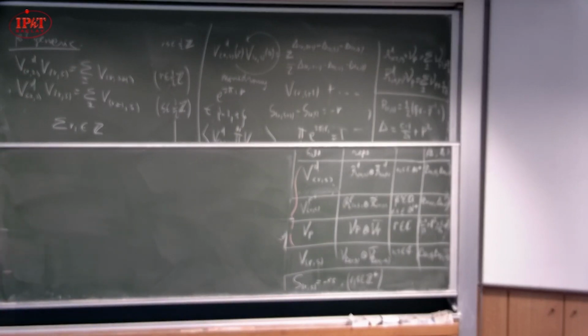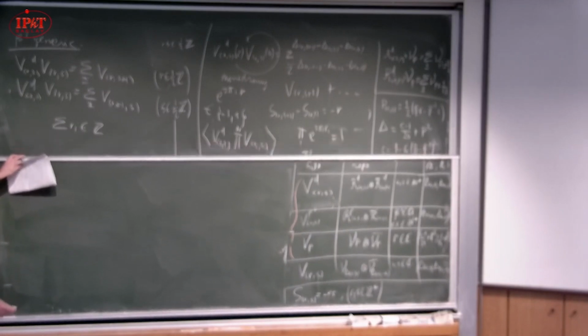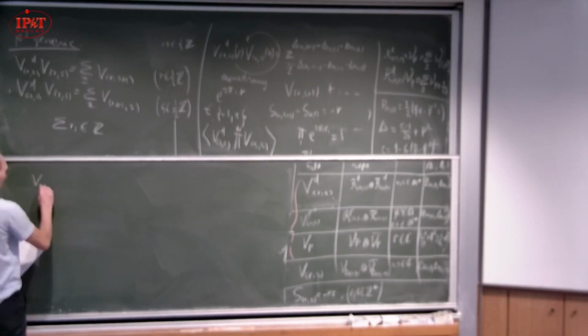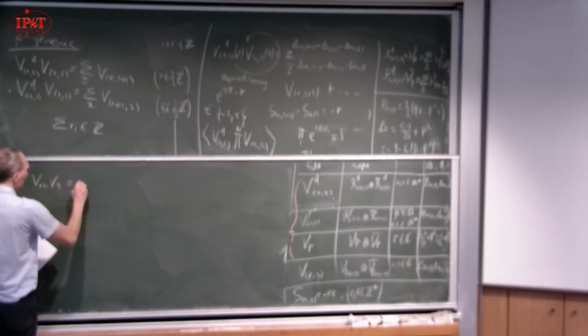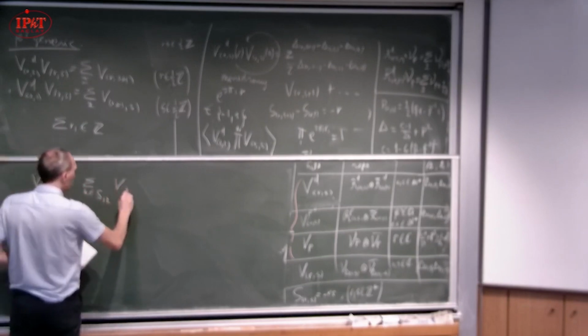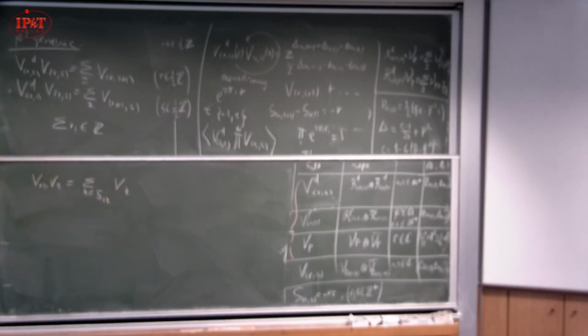Okay, so to finish these generalities about solvable CFTs, I want to say something on the convergence of OPEs. So let's imagine we have some OPE V1 V2 equals the sum over the spectrum of primary fields Vk.